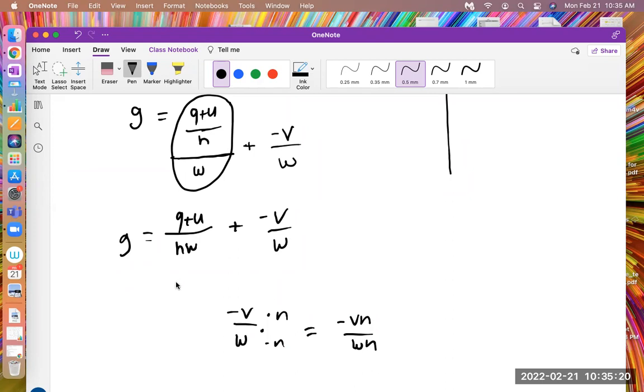And I have to stop here, because some kids will literally multiply by n and say, oh, well, now I can cancel the n. Well, no, we multiplied by n so that we could get the same denominator, so that we could add these fractions together, not so that we could just cancel it immediately. Sometimes we lose focus of what we were really doing in the first place, and that really destroys things.